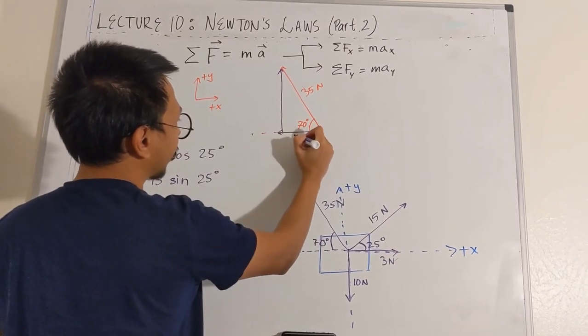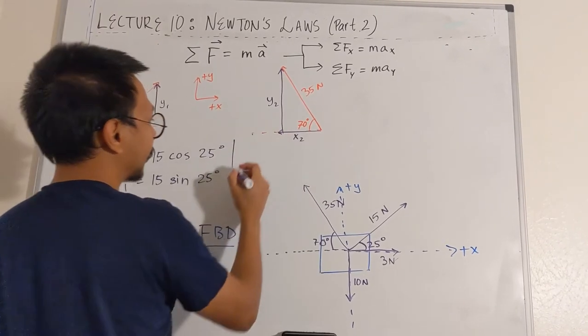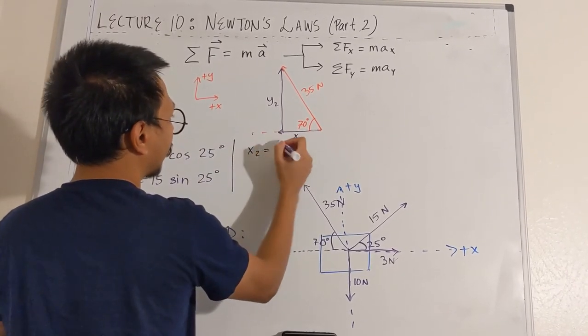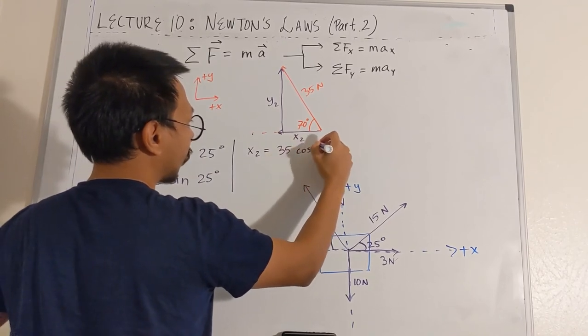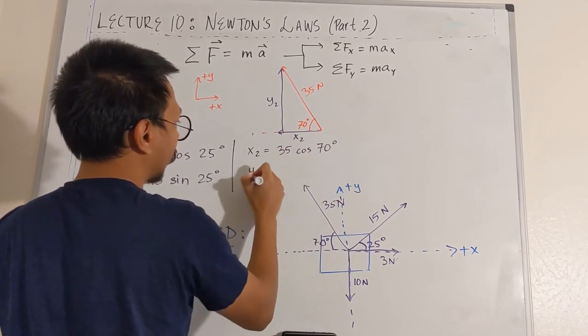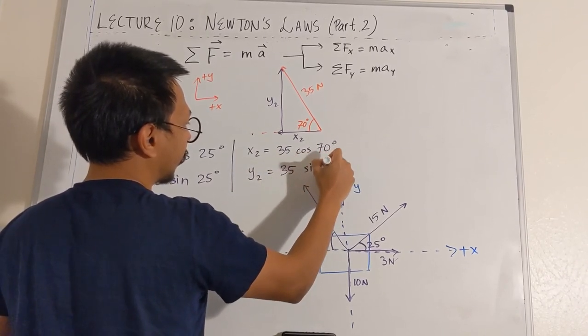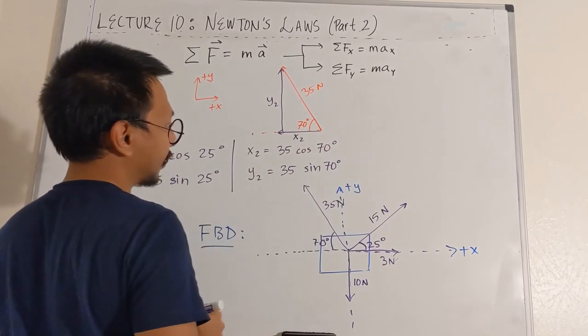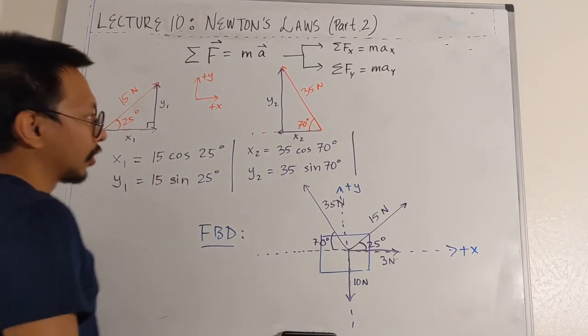So let's call this x2 and y2. So what is x2? x2 is 35 cosine 70, y2 is 35 sine 70.